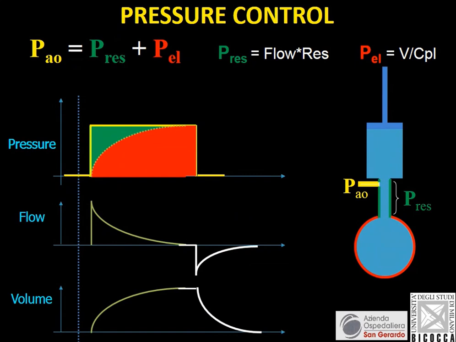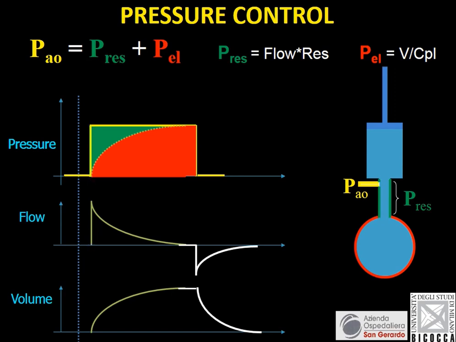Again, the system is exactly the same. The sum of the airway pressure is still the sum of the resistive and the elastic pressure. The difference is that now the airway pressure immediately jumps up to the desired pressure, let's say 20 centimeters of water. In order to do this, the ventilator will deliver a flow, a very high peak flow to achieve the desired inspiratory pressure.